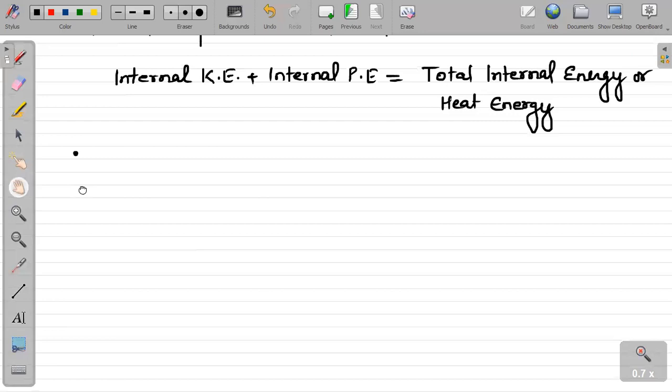change state of unit mass of a body, unit mass of a body at a fixed temperature. ठीक है?